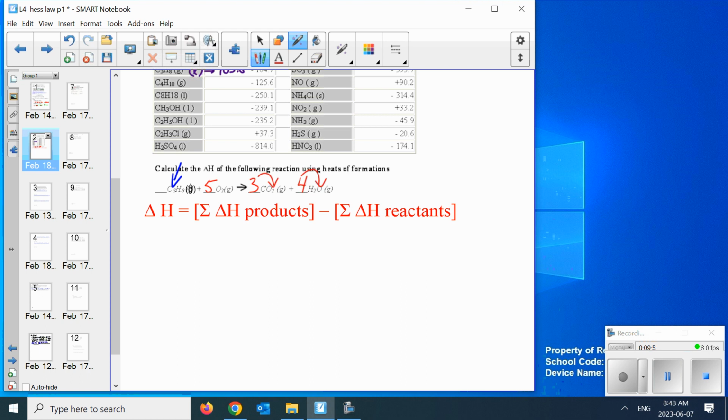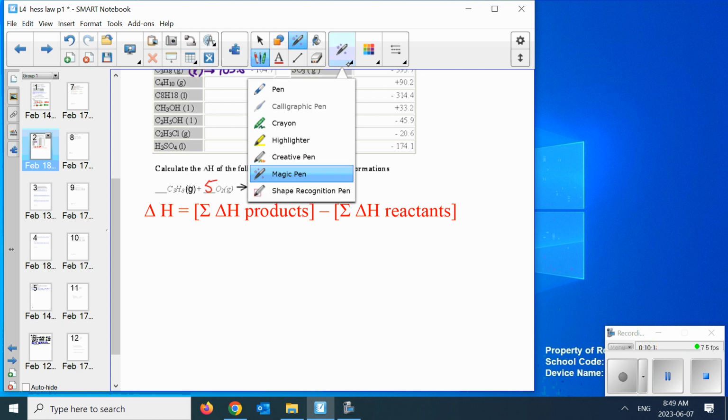Okay, so 3 carbons, 3 carbons. 8 hydrogens, 4 times 2 is 8 hydrogens. Check. 10 oxygens, 6 oxygens plus 4 oxygens. This does balance. And here's why we need it. We need it balanced. You've got to use that with this delta H equation.